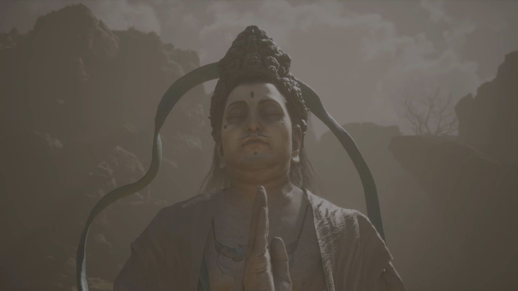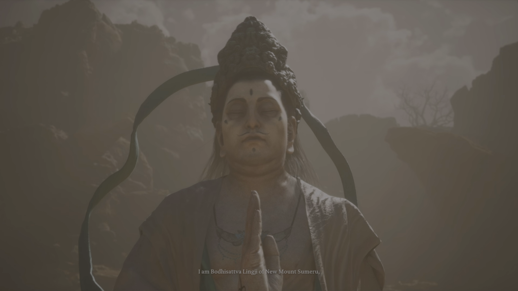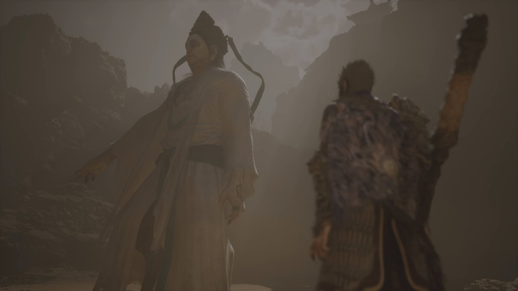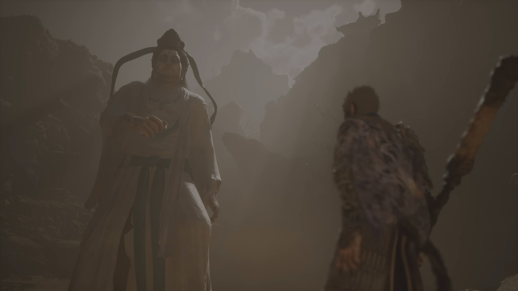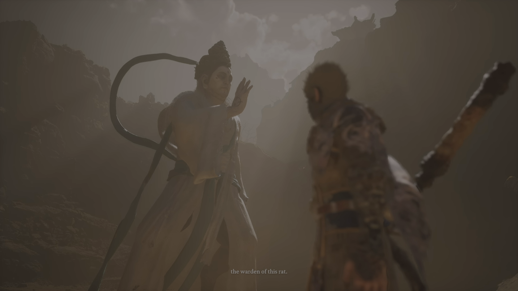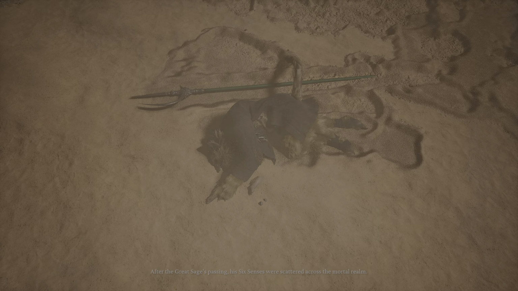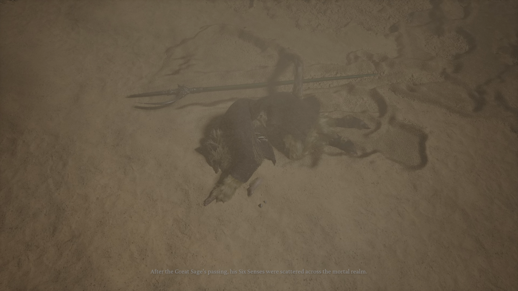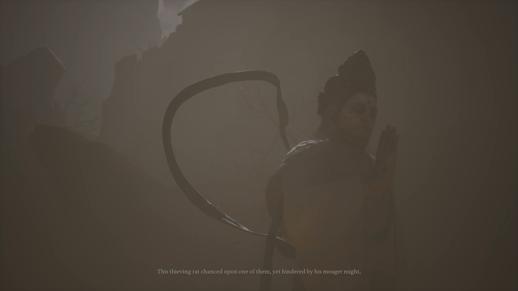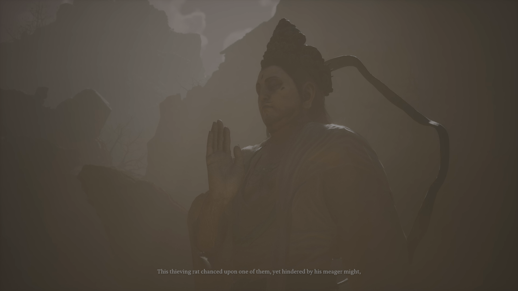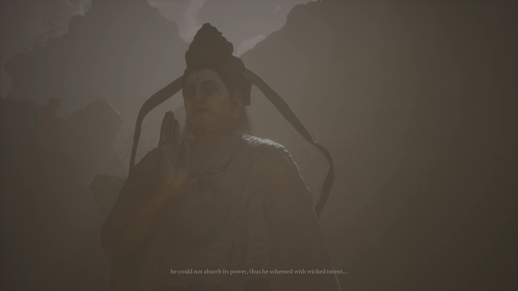Amitabha. I am Bodhisattva Lingji of New Mount Sumeru, the warden of this rat. After the great sage's passing, his six senses were scattered across the mortal realm. This thieving rat chanced upon one of them, yet hindered by his meager might, he could not absorb its power.